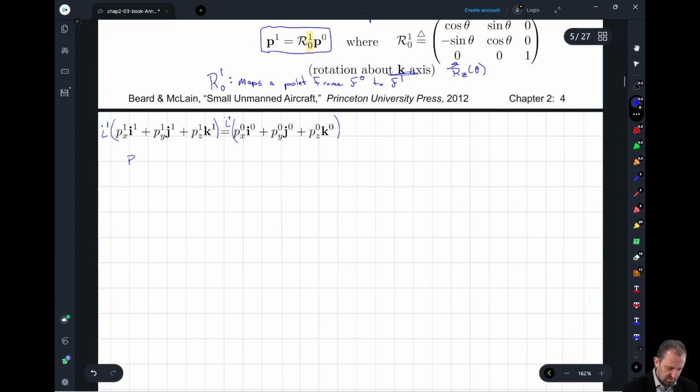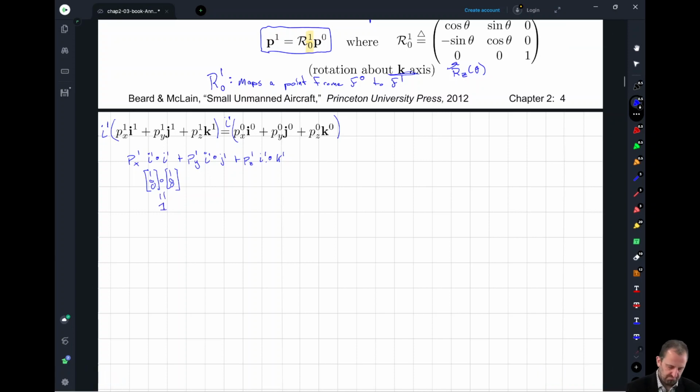So this is going to result in Px1 of I1 dot I1, plus Py1 of I1 dot J1, plus Pz1 of I1 dot K1. Let's take a look at that real quick. This first one is 1, 0, 0 dotted with 1, 0, 0, which results in the value 1.